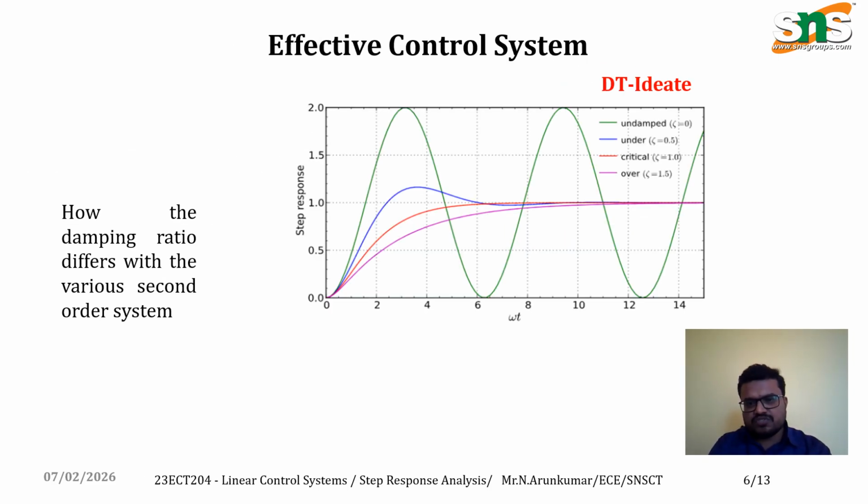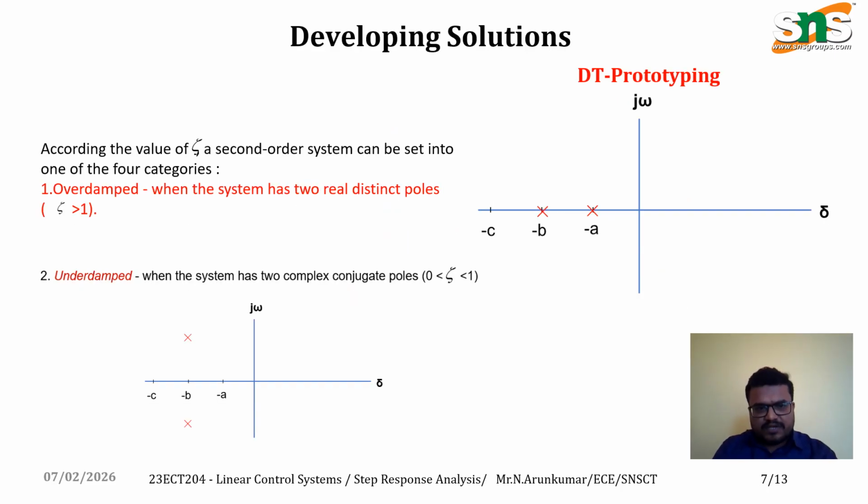In control systems, based on the input and output conditions, the values have to be plotted for the different damping conditions: undamped, underdamped, critical damped and overdamped. If the system is overdamped, meaning delta greater than 1, the poles and roots occur after 1 only, so they are indicated as minus a and minus b.